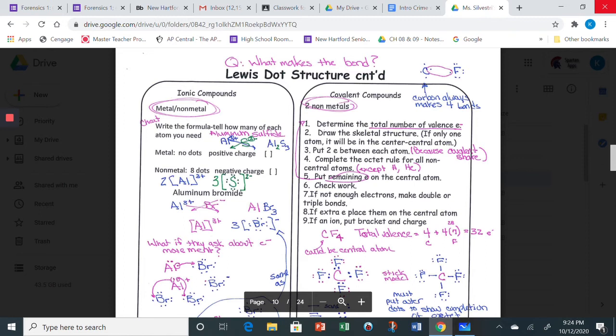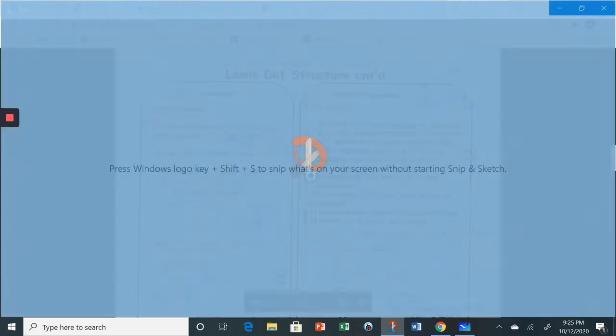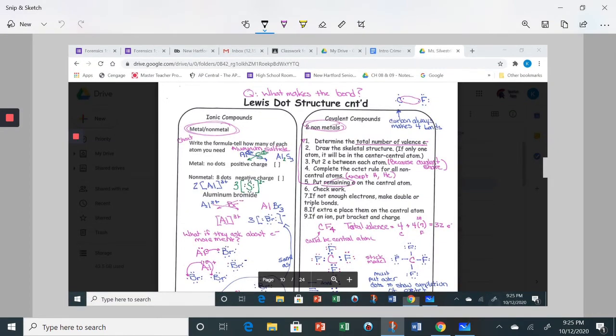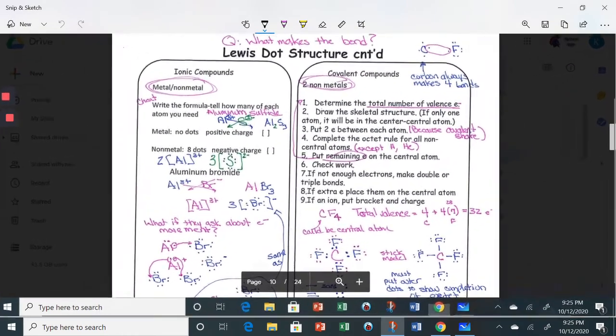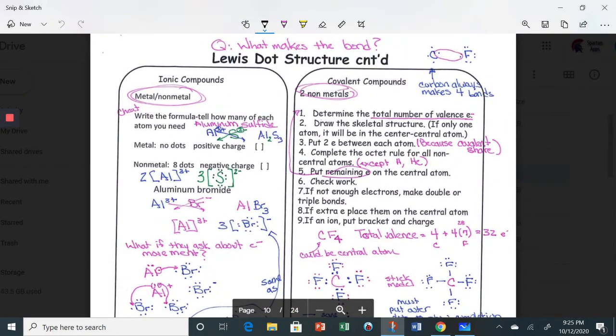What makes it? Metal, non-metal, or 2 non-metals? It's the most important self-assessment question. Stop brain and ask this question. What makes the bond? Because if you are here, you are definitely ionic. If you are over here, you are covalent.